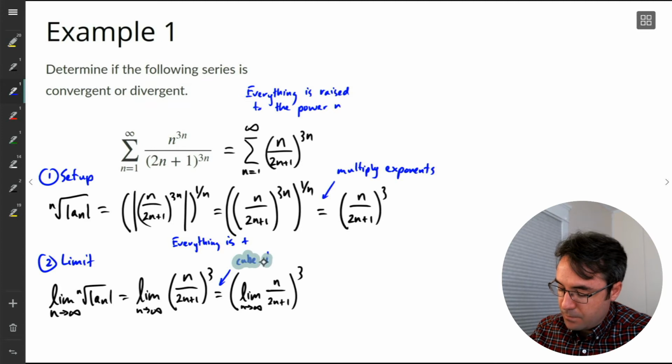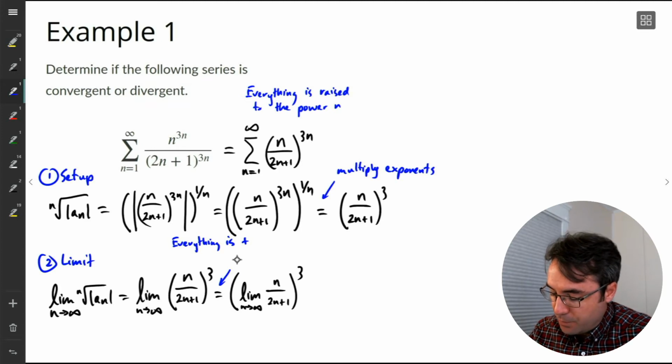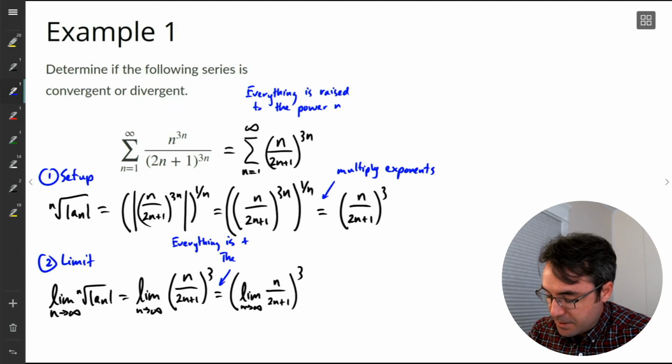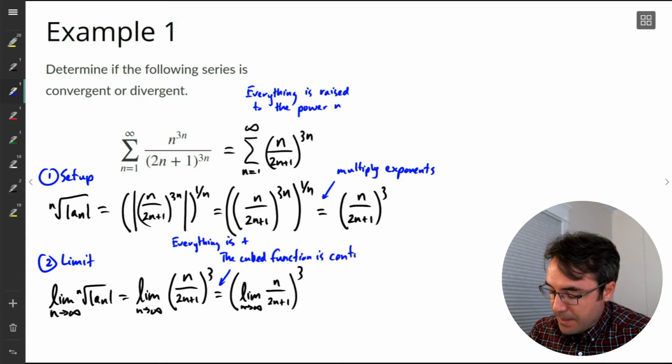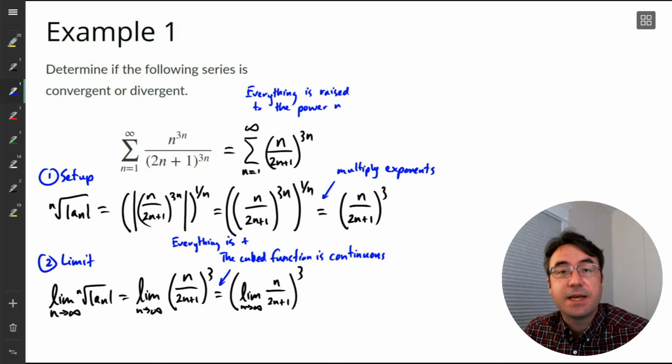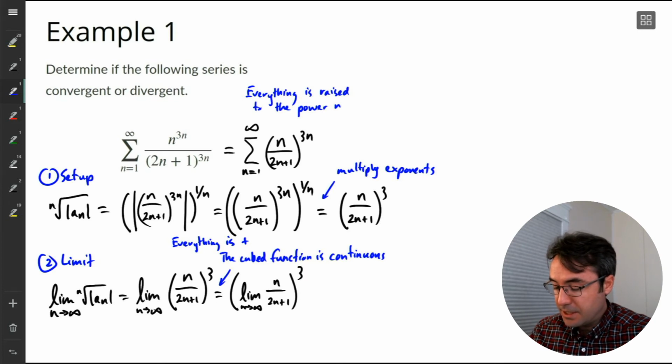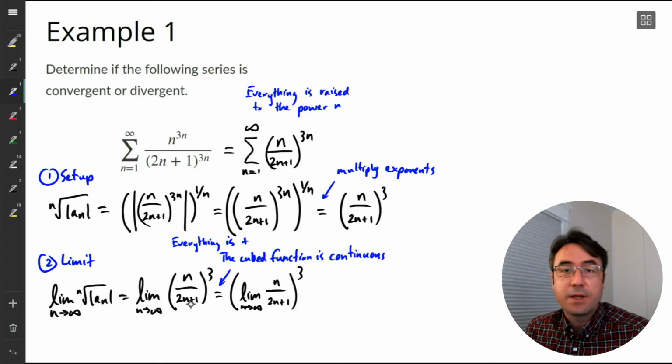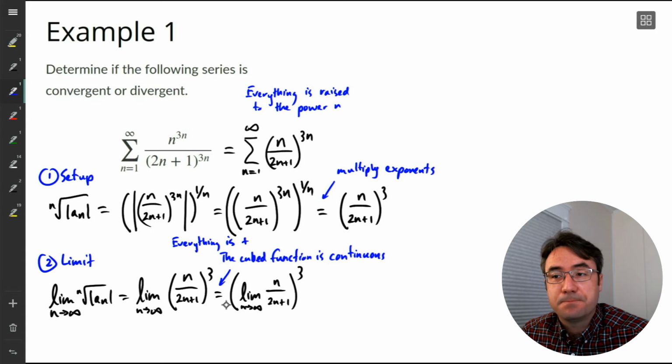The cubed function, or raised to the power 3, whatever you want to call it, it's continuous. So we know limits behave nicely with continuous functions as long as the limit of what's inside exists and the function's defined there. So this is a continuous function. We can bring the limit inside that cubed function.